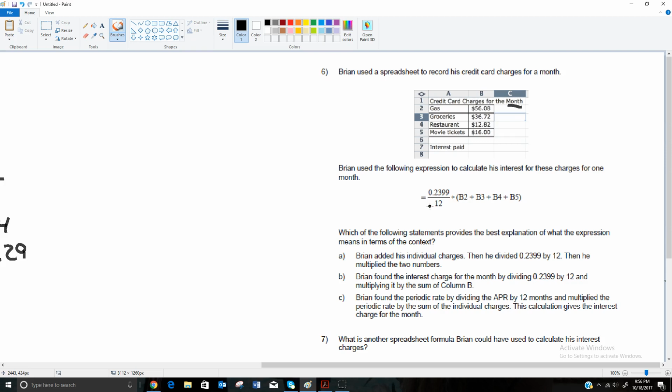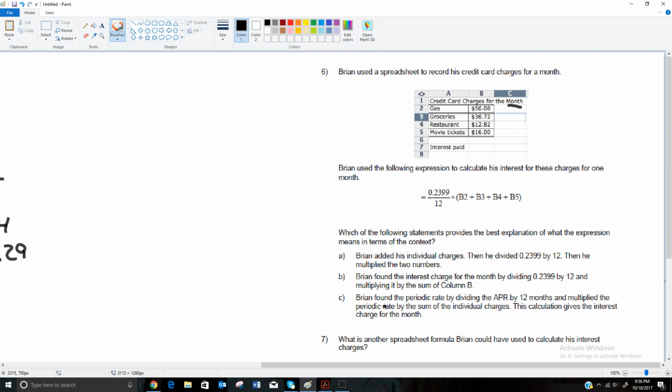If you follow order of operations, it does say parentheses first, and then divide, and we're going to do this division before we multiply. So technically this one is correct. You should do the parentheses first, but they would both get the same result.